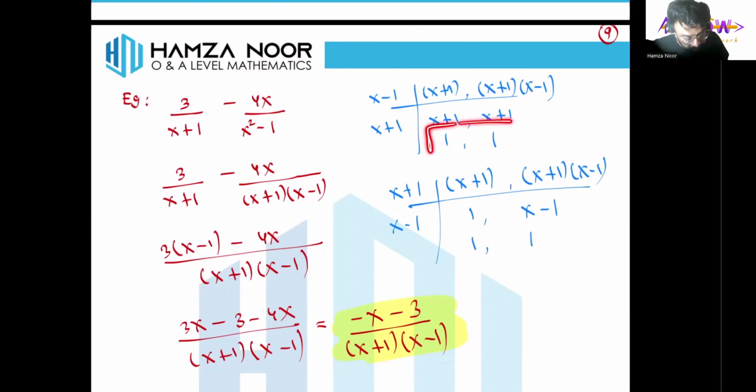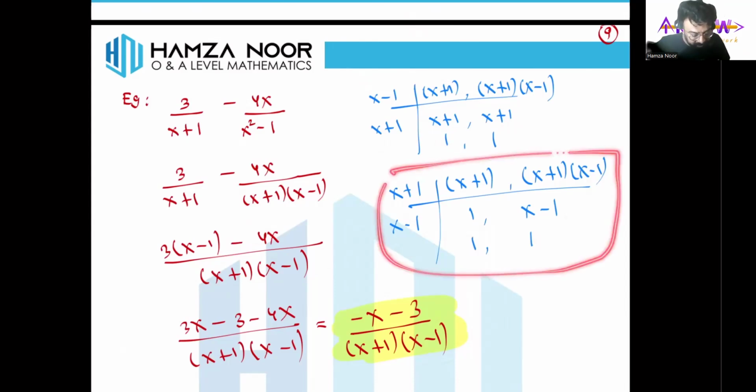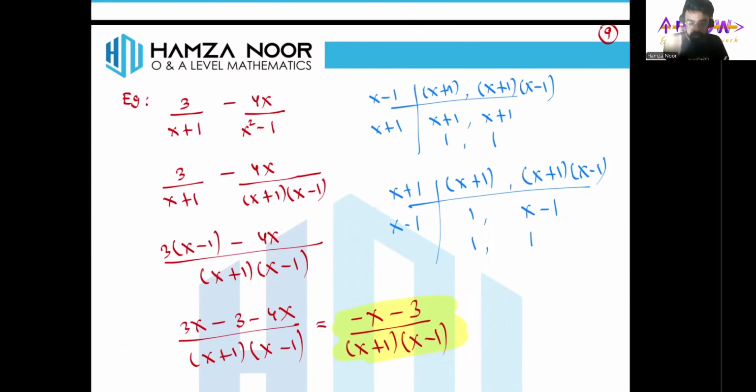Whatever the product of the terms is over here, that is the LCM, and that is x minus 1 multiplied by x plus 1, or you can say x plus 1 multiplied by x minus 1. Even if you start from x plus 1, you are going to get exactly the same LCM. So here is just a proof. Again, I'm mentioning for the 25th time in this recording that this is not a compulsion.